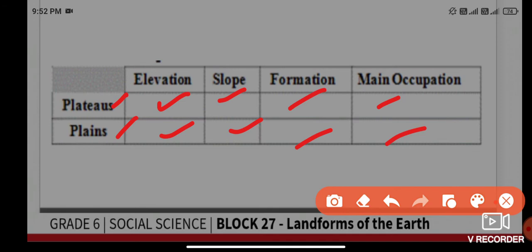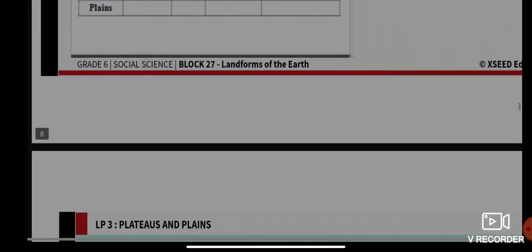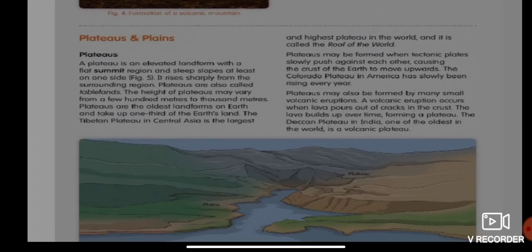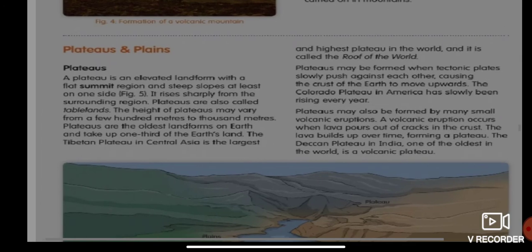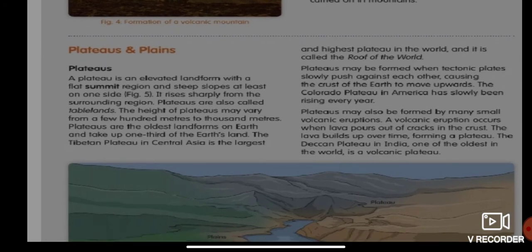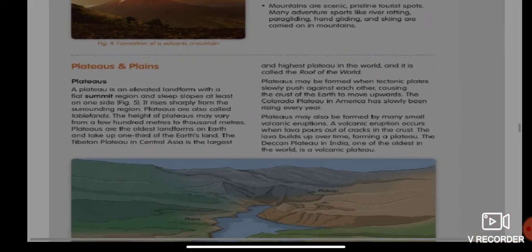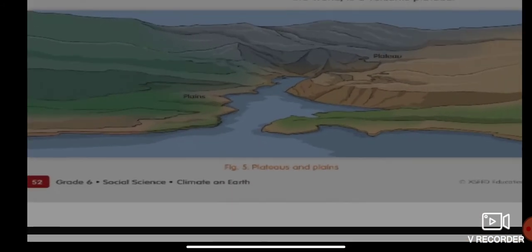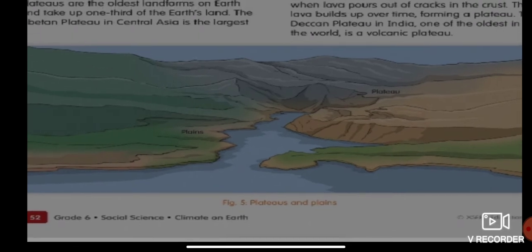Alright, so let me just show you how you are supposed to do it. You have to go through your textbook, plateaus and plains. I'm not going to read for you, so I want all of you to find the answer for yourself. Read this passage, and after that, observe this particular picture.